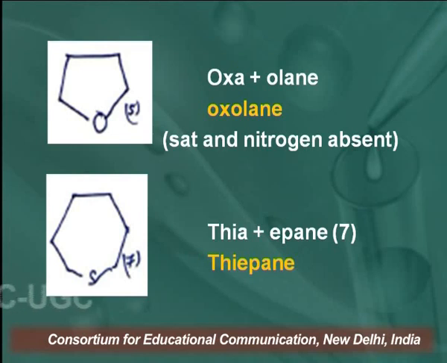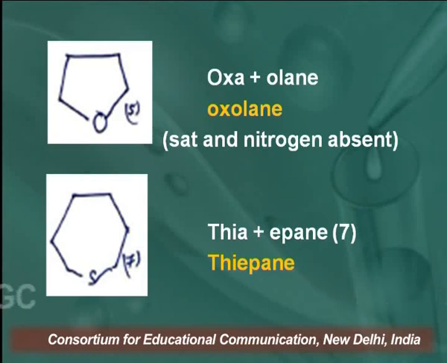For a 7-membered ring, the ring size suffix is ep. It is again saturated with nitrogen absent. So thia is for the sulfur, the ring size is 7, which is ep. Thia plus ep plus ane, drop the vowel a from thia.